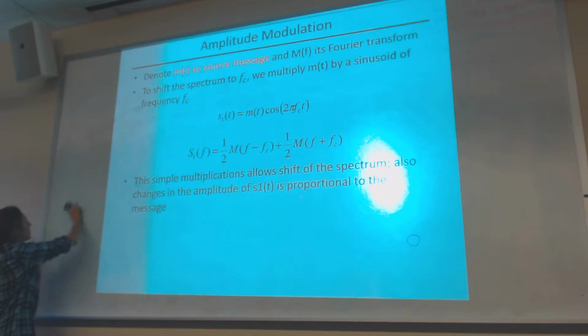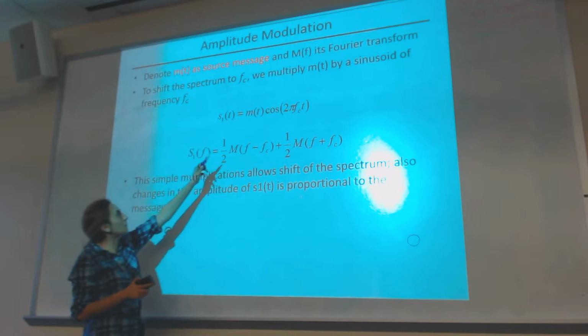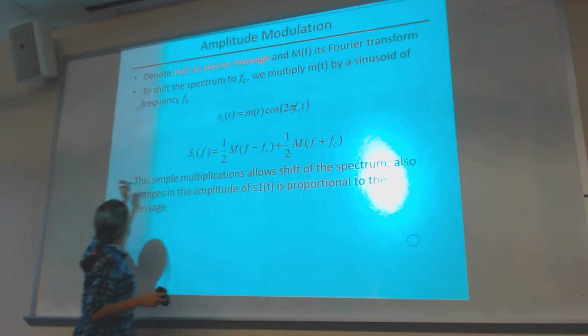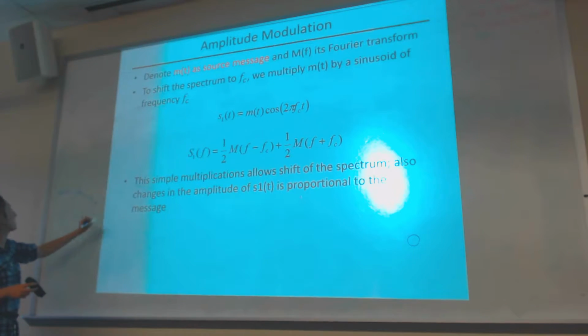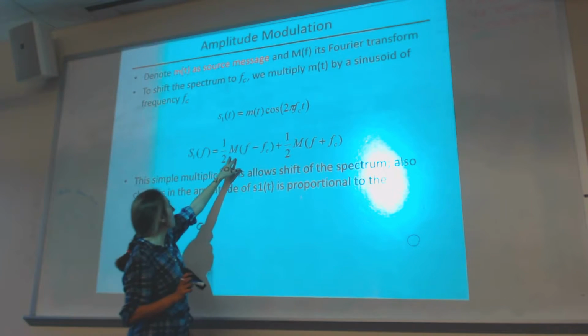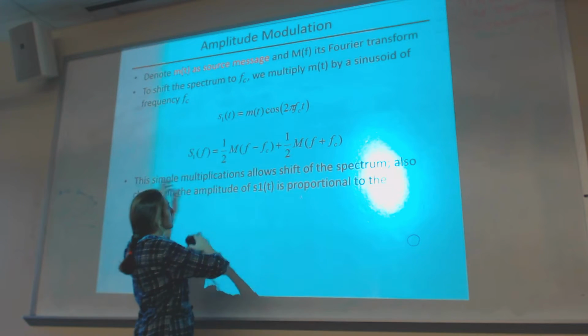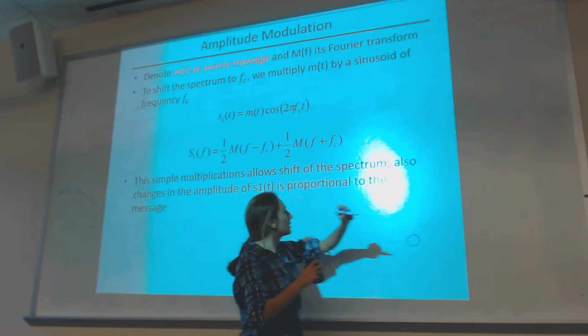So m of t is my original signal, the low pass, the low frequency baseband, my original message. But then it's multiplied by the cosine. When you multiply something by cosine, you remember you are going to shift the spectrum to the left and right. So you're going to have M of f minus fc and M of f plus fc.